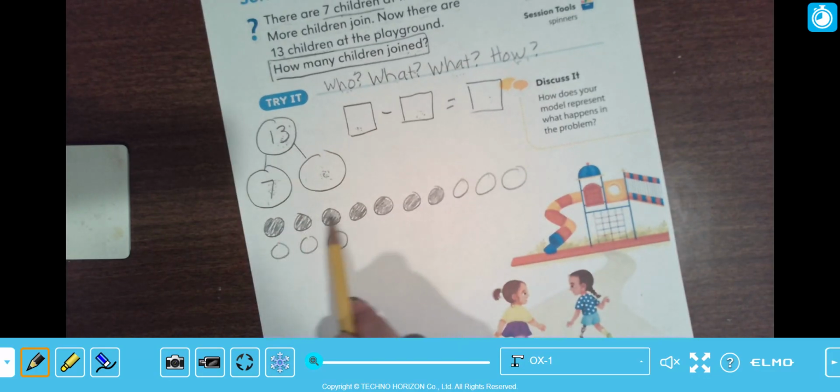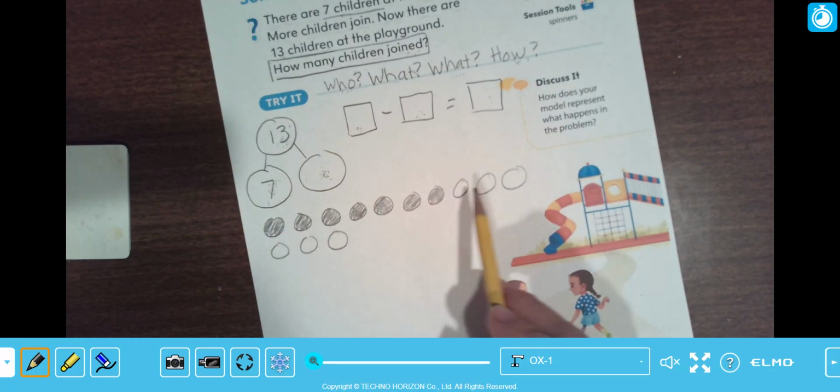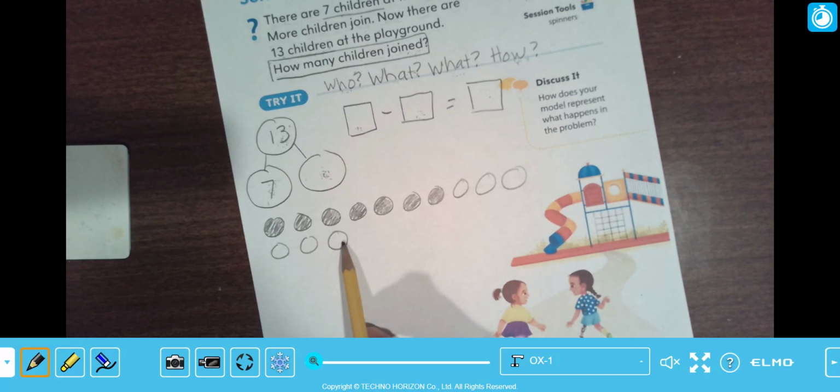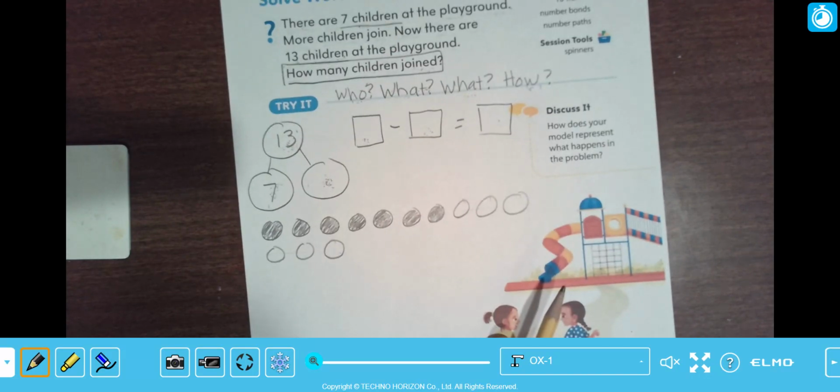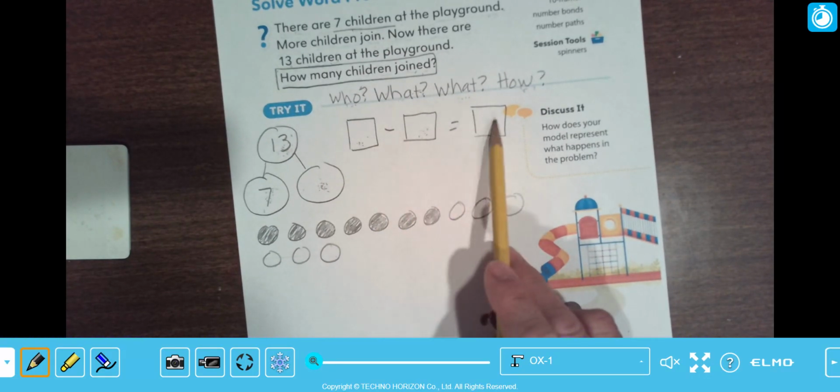So these are the 7 that were there at the beginning. And these are the ones that came later. Okay? So you need to write the numbers here and here. Can you do that?